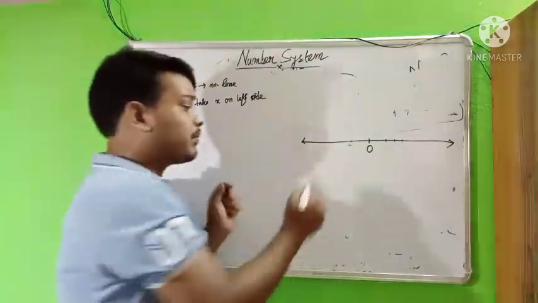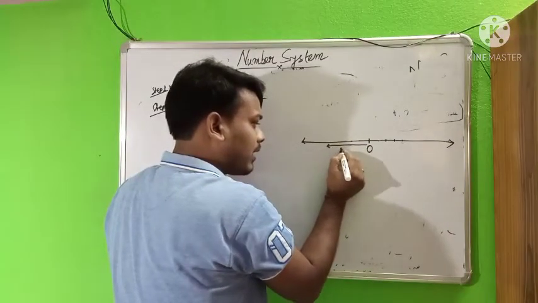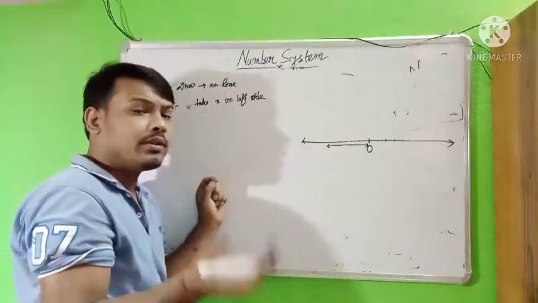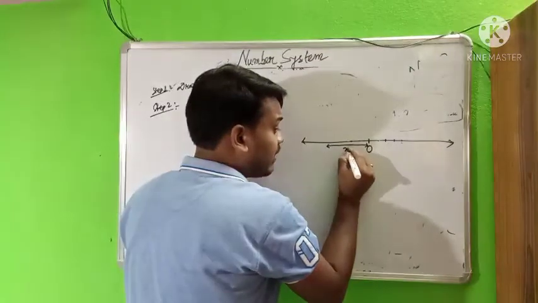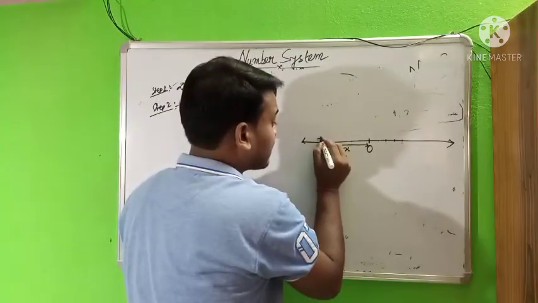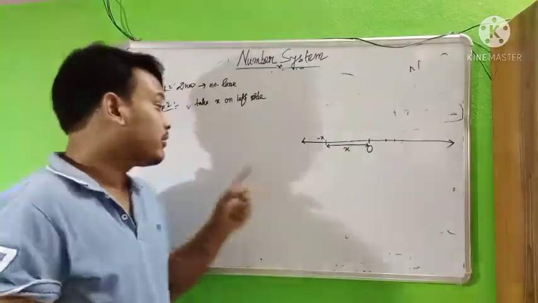We don't know the value of x; it may be 9.3, 7.3, root 2, 5, whatever. Generally it is x. Then this is the position of minus x.